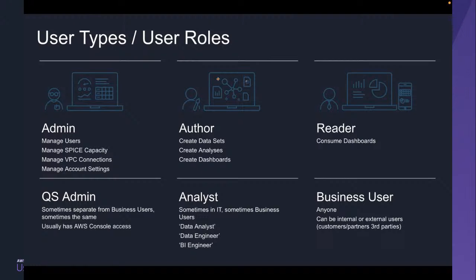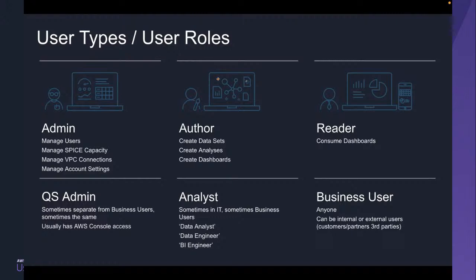Author charges you more as a user type. So only provide it to the people who are really working on the dashboard designing. For the folks who are just going to view the dashboard and play around with the filter, always put them under the reader bucket. So that is one of the tips with which you can optimize the cost further in Quicksight.